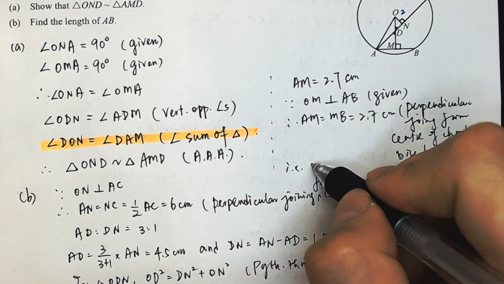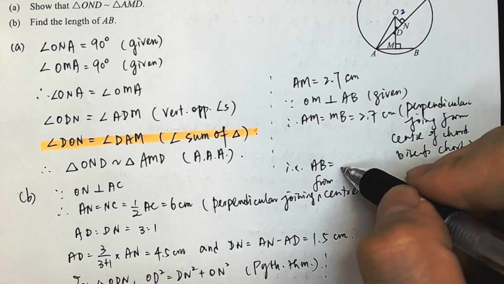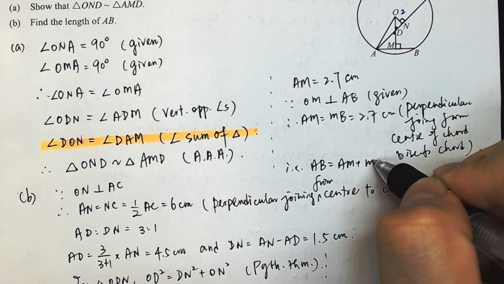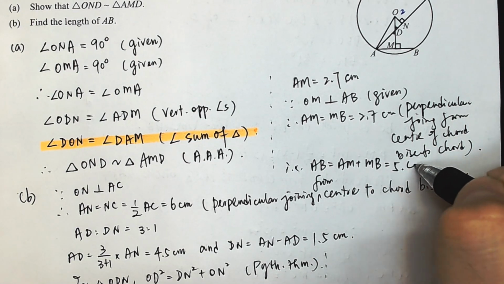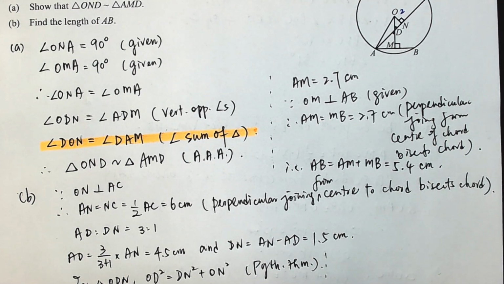And that is AB is AM plus MB equals 5.4 cm.